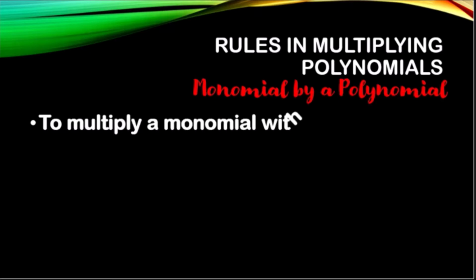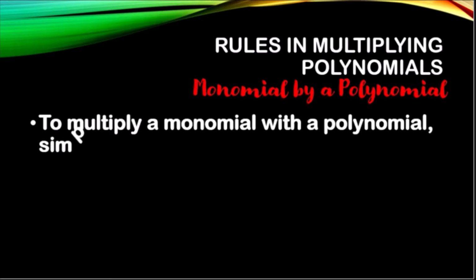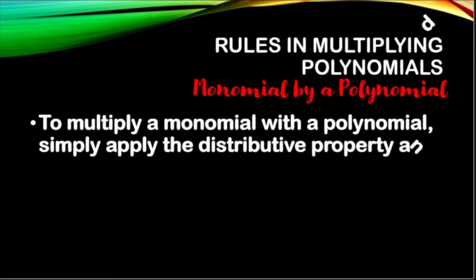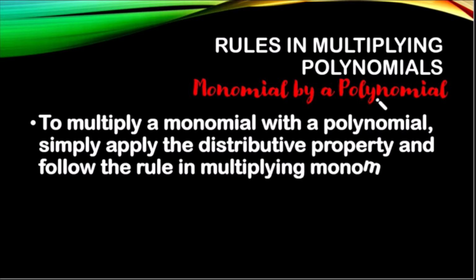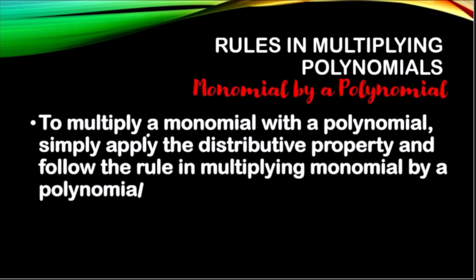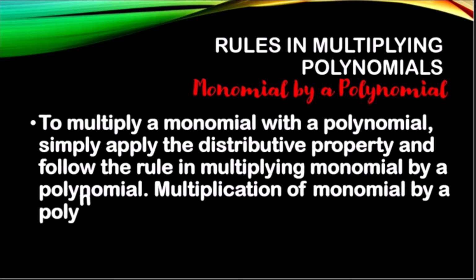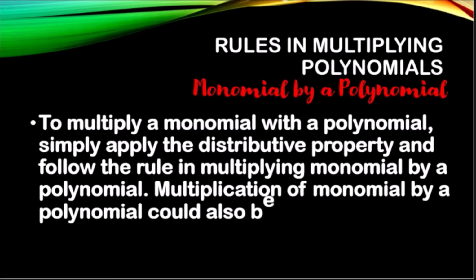To multiply a monomial with a polynomial, simply apply the distributive property and follow the rule in multiplying monomial by a polynomial. Multiplication of monomial by a polynomial could also be done vertically.